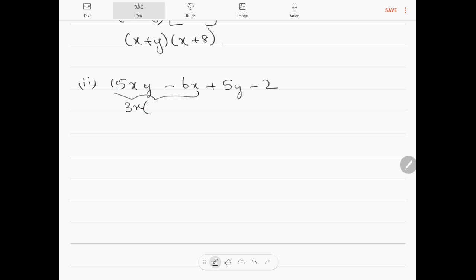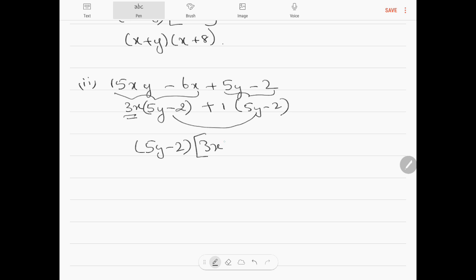So when we take 3 into x, it will be 5 into y minus 2, since 3 fives are 15. Plus nothing can be taken in common from this, so 1 into 5y minus 2. Now these two are common, so we take 5y minus 2 in common, and the remaining will be 3x plus 1, which is equal to 5y minus 2 into 3x plus 1.